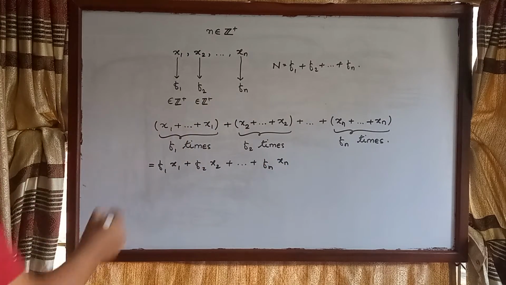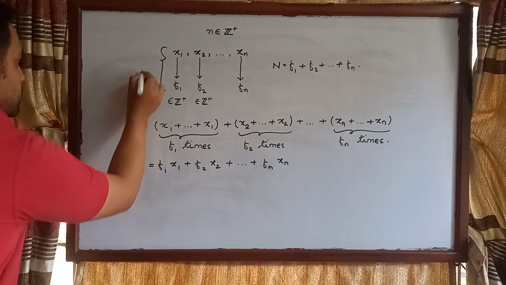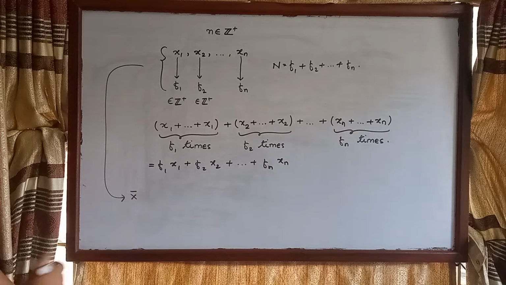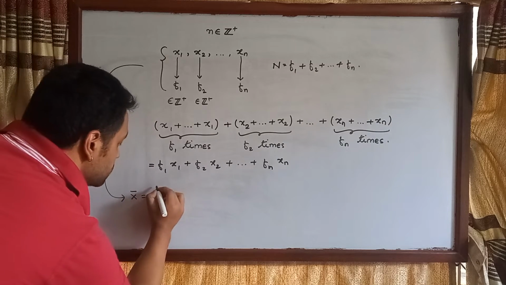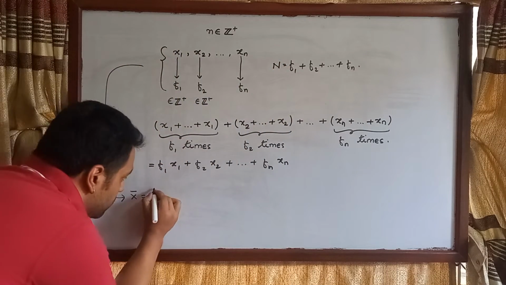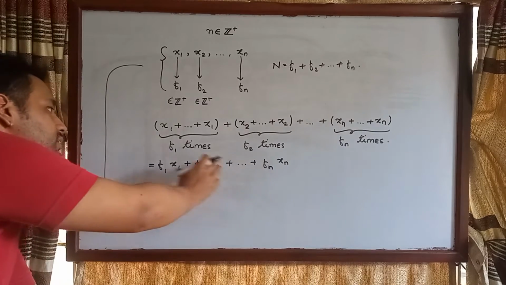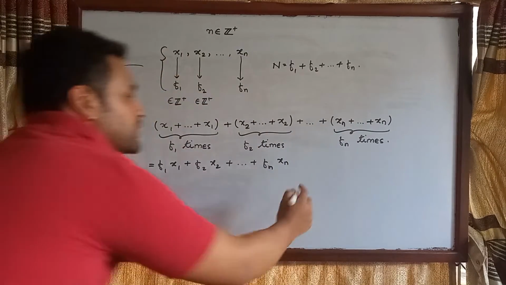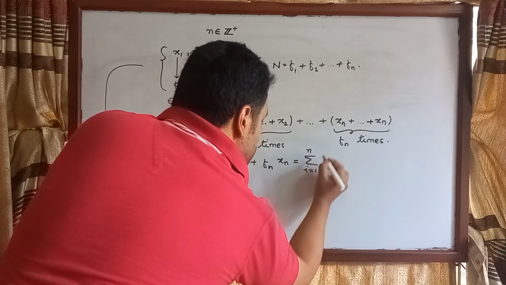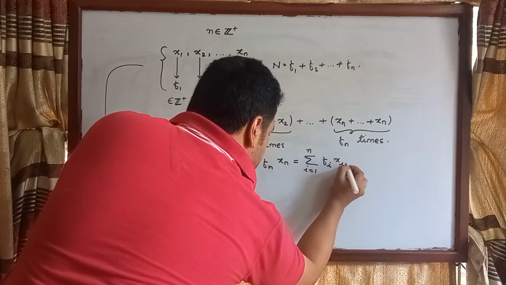So the average of these values, the arithmetic mean, will be equal to 1 over the total number of observations, times the sum of all the observations, which we found to be the summation of i from 1 to n of fi xi.